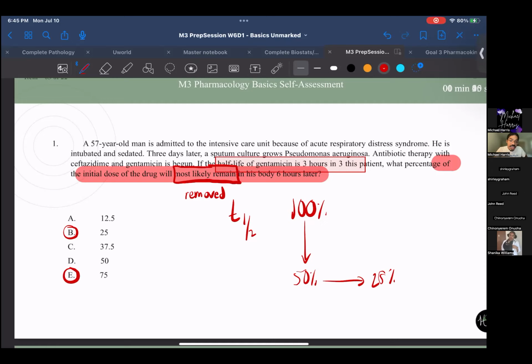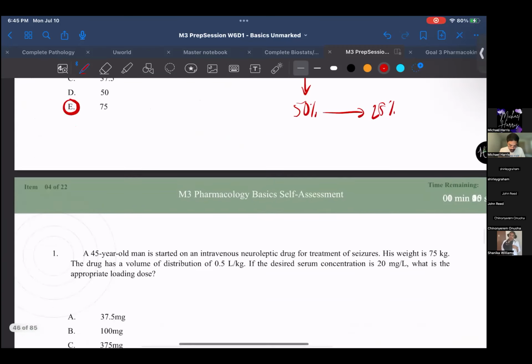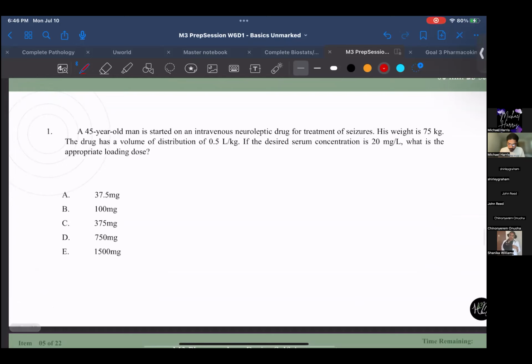Okay? They could easily just change one or 2 words. So you gotta pay very close attention when you run across these half-life questions. Do you want to know what's left, or do you want to know how much is gone? Okay? Good.